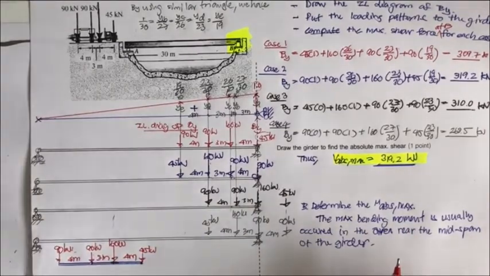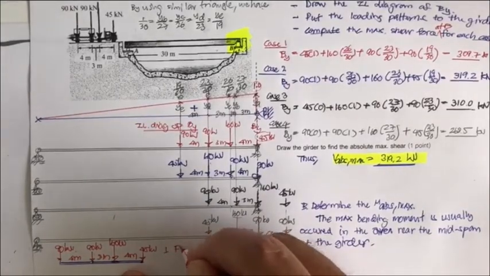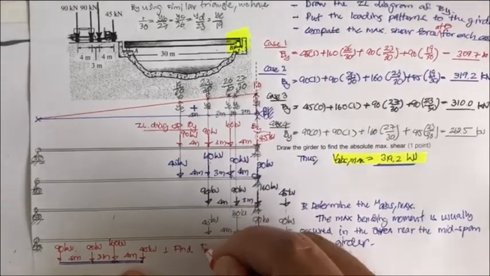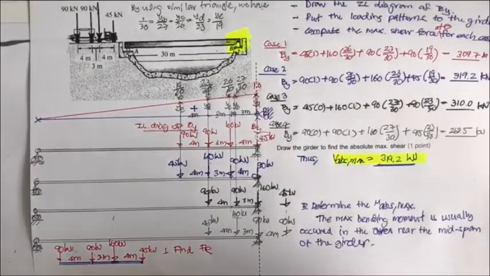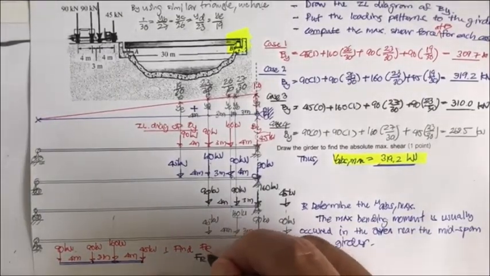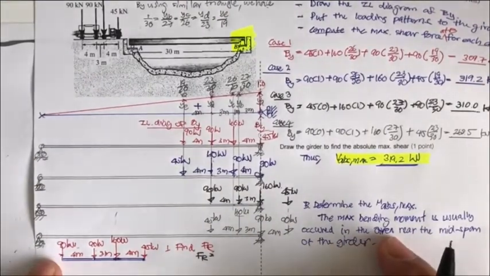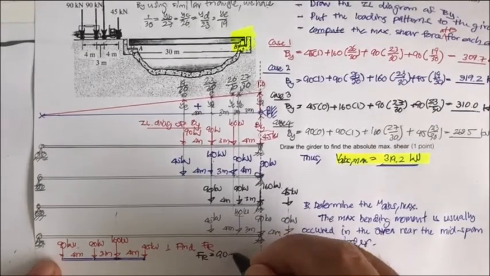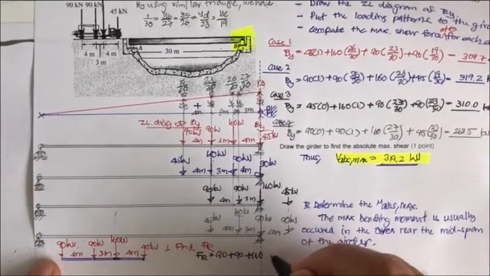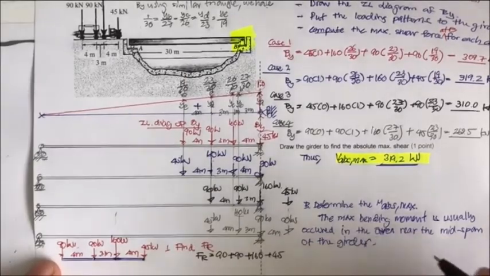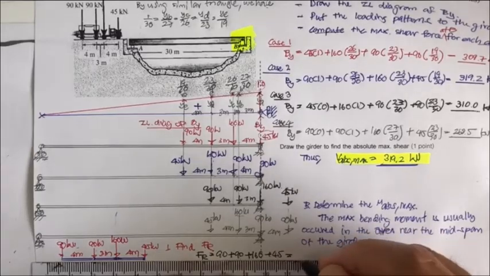So the first step that we may have is to compute F sub R. Okay, this is going to be what? The F sub R is going to be the summation of these forces: 90 plus 90, and then plus 160, and then plus 45. That is going to be what?